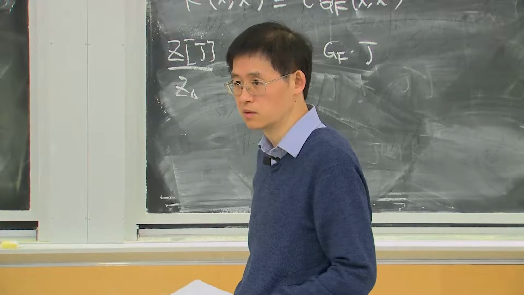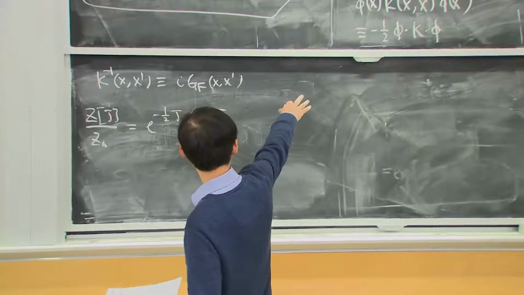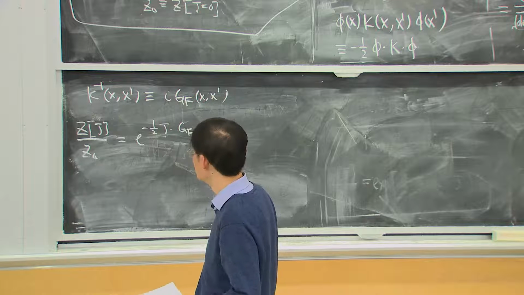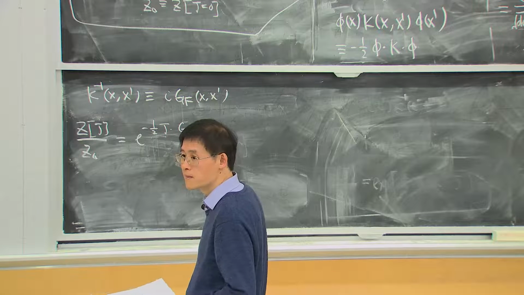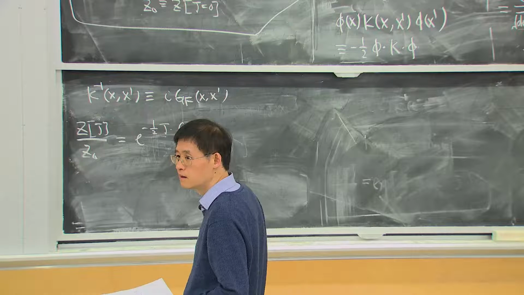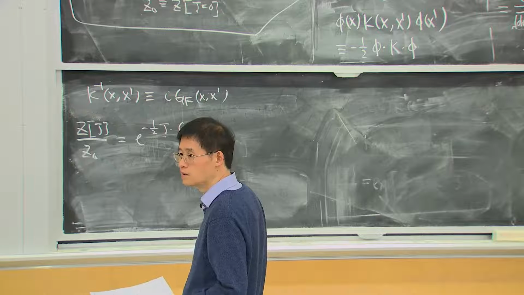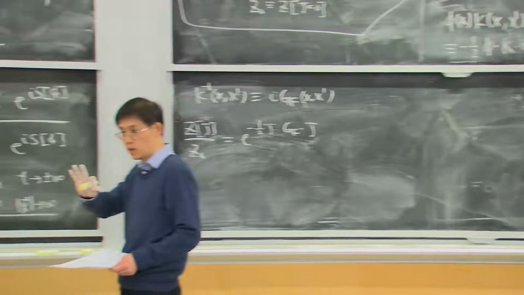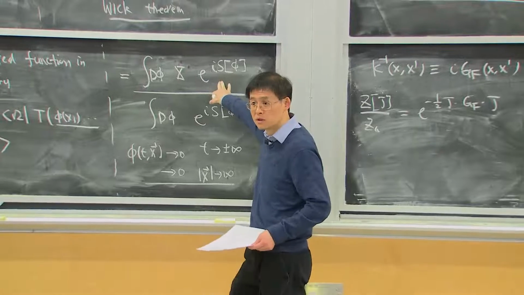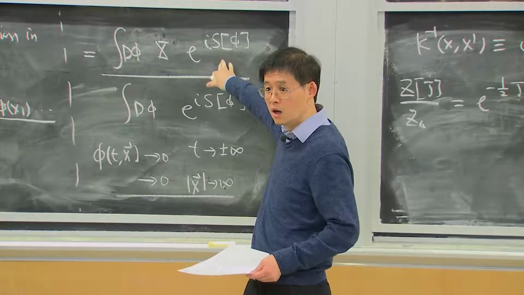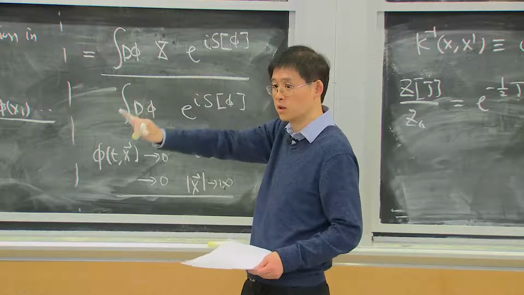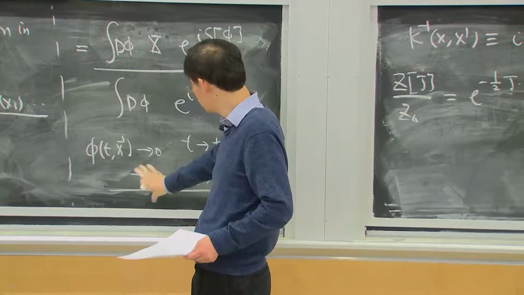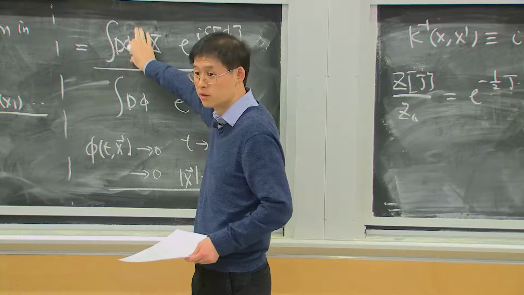I didn't write down any explicit solution for phi here. The earlier solution was an operator equation with a and a dagger. Here it is just the ordinary function of space-time, over which you integrate all possibilities, and we impose the boundary condition in the path integral.